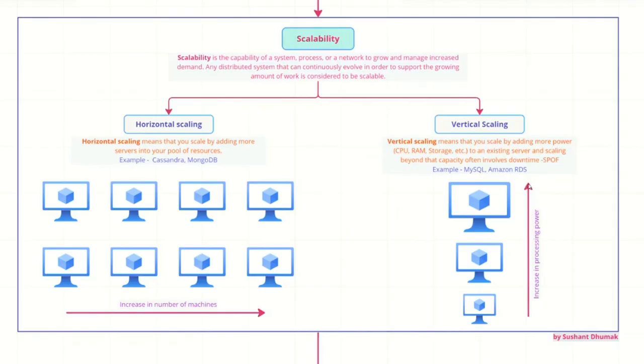So you have to make sure that whenever you are scaling your system, you choose what kind of scaling capabilities you will use. Many times, when we are designing a system, people use a hybrid model. They combine both horizontal scaling and vertical scaling. How do they combine? They use higher capability machines with higher CPUs, higher RAM, higher storage, and then they have multiple such machines in their system, so that both things are provided to serve our users better.